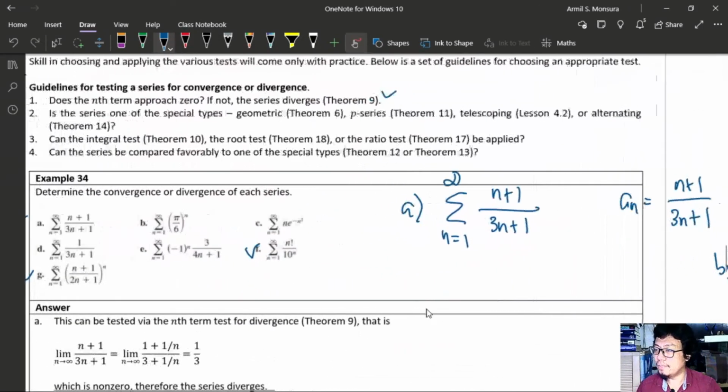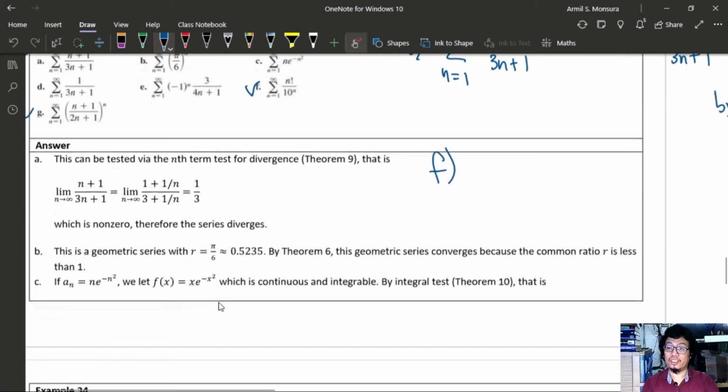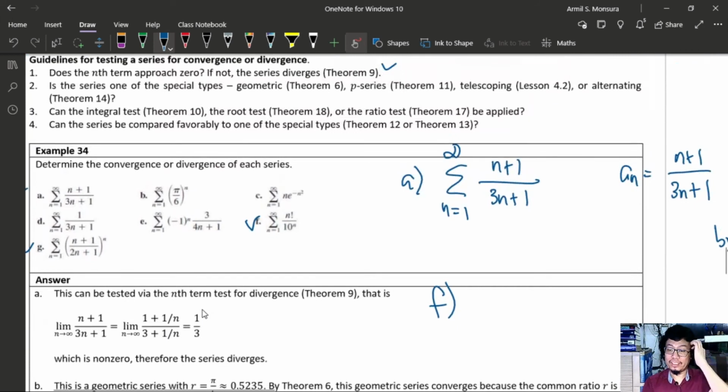The solutions for the other numbers are discussed here. I'll leave them to you to figure out the thinking process of choosing what type of test can be used.